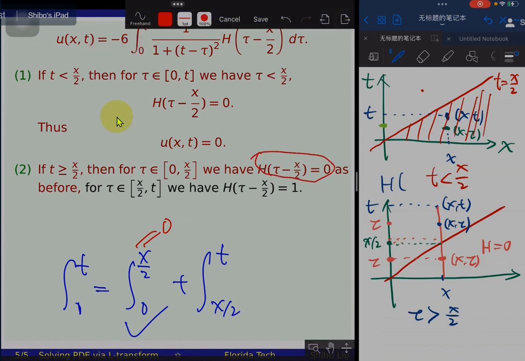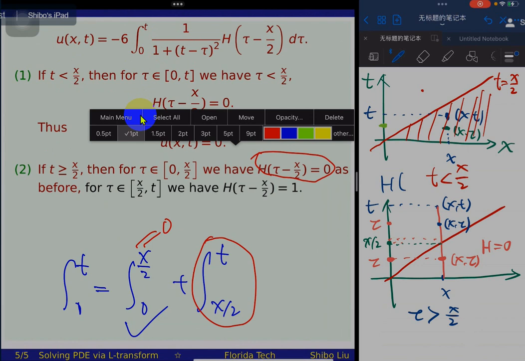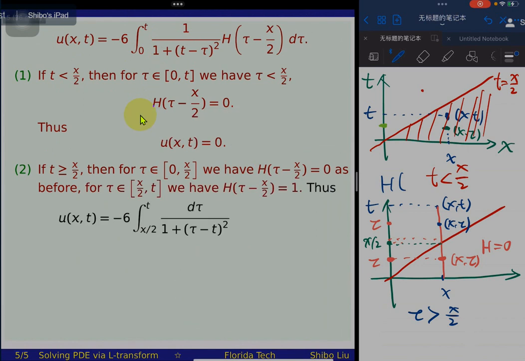So this term is 0. In other words, the integral from 0 to t reduces to a single integral from half of x to t. Our solution is the integral from 0 to t, but by the definition of H, this equals the integral from half of x to t.